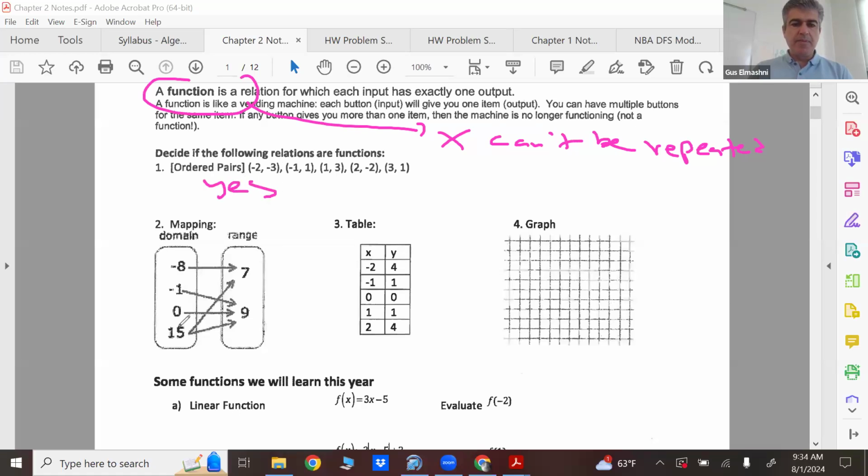But look at this one. Does 15 lead to two outputs? It does, right? This is kind of weird, but when you have a mapping diagram, it's like saying -8, 7, -1, 9, 0, 9. So the y's could be repeated. That's okay. 15, 7, and 15, 9.